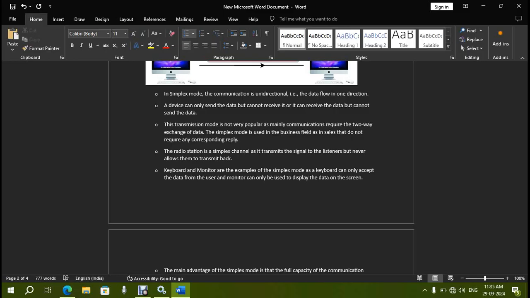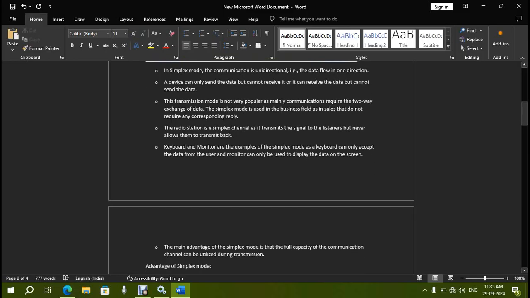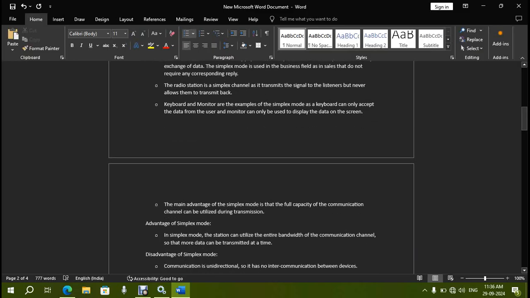The main advantage of simplex mode is that the full capacity of the communication channel can be utilized during transmission. In simplex mode, the station can utilize the entire bandwidth of the communication channel, so more data can be transmitted at a time.